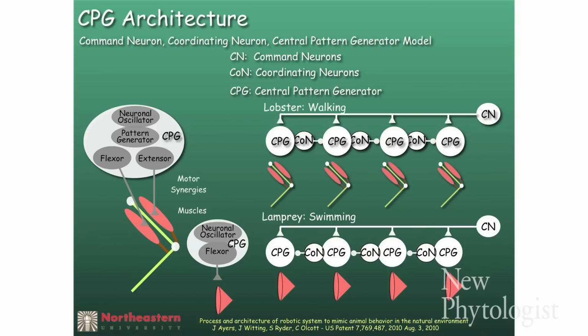And some will cause forwards walking, some will cause backwards walking, some will cause feeding, some will cause swimming. They represent the least divisible unit of behavior, the behavior that's evoked by a single command neuron. Now, I say this as a general model, and you can take these same components and rearrange them and form a central pattern generator for a swimming organism such as the lamprey, which is another animal model we use.